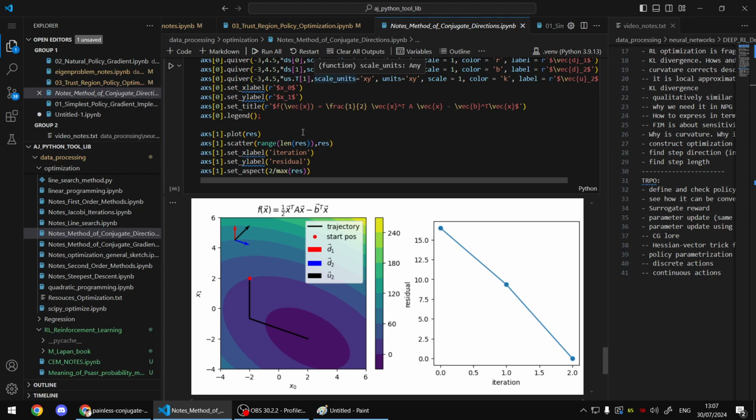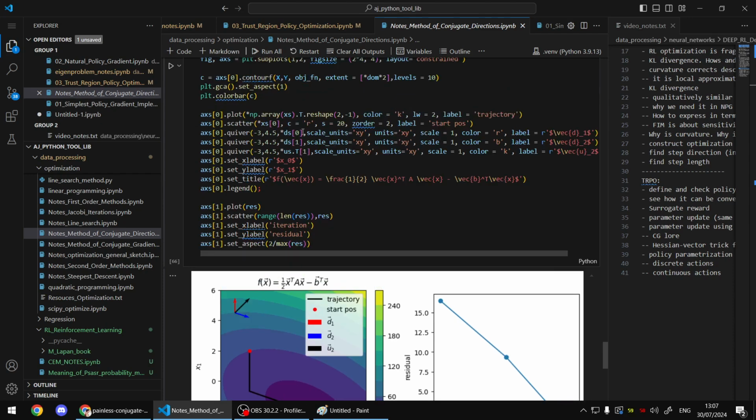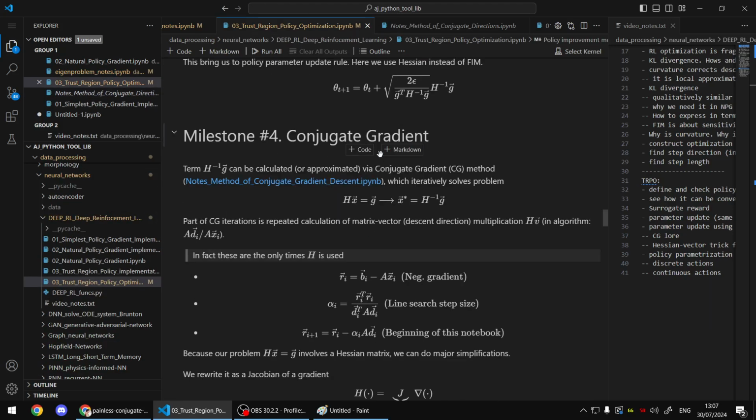So it's kind of crazy. The main benefit is that, first of all, our measurements of Hessian may be noisy, but then we can make it even faster by reducing the number of iterations. That's why the algorithm says use just n iterations. So that's the idea behind conjugate gradient.